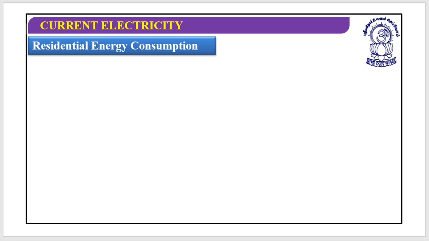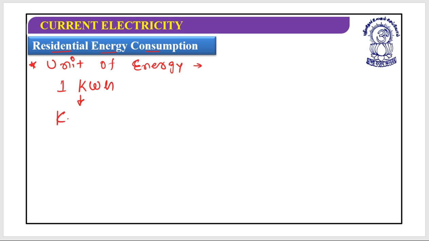Now let's take one by one cases of residential energy consumption, and then we will move to the power. Now when we use energy at residential, or let's say even commercial purpose, we use a unit of energy that is 1 kWh.